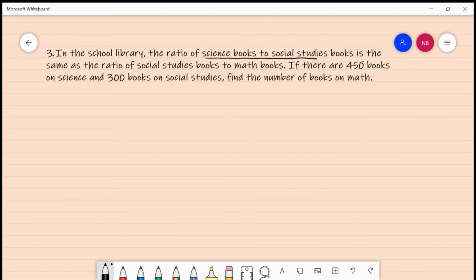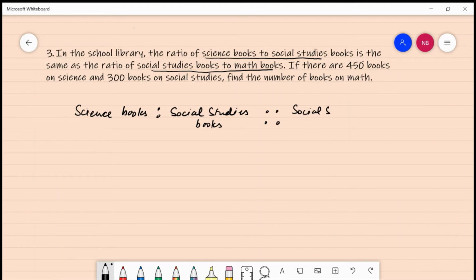The first ratio is science books to social studies books, so I will write science books is to social studies books, and this is proportionate to the second ratio, which is social studies books to math books. So I'll write again social studies books is to math books.